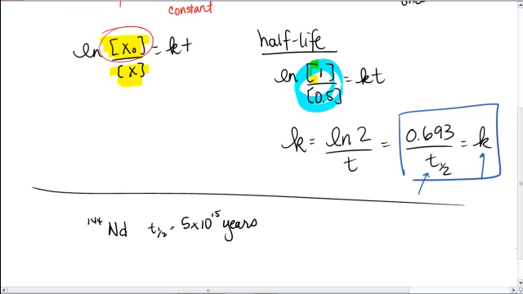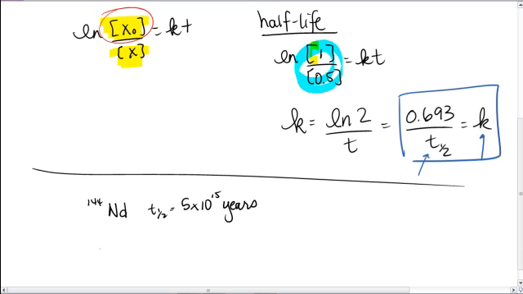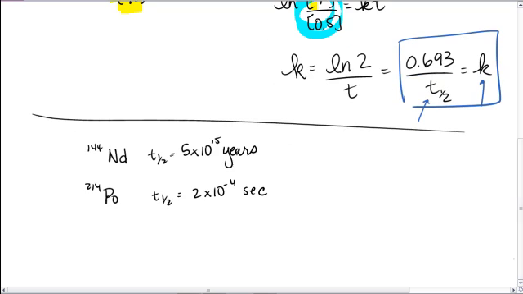Think about how big that is, you guys. Humongous. To polonium-214, half-life of polonium-214, 2 times 10 to the minus 4 seconds. So some of them last a really, really long time, and some not so much.